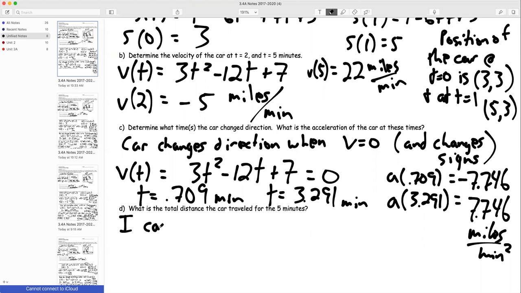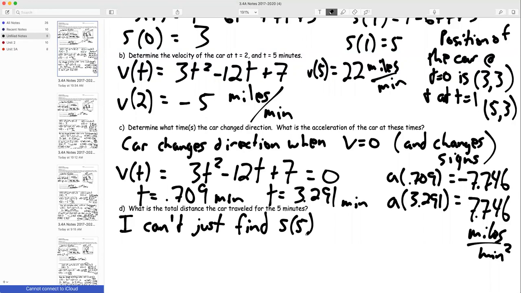I can't just find S of 5. Okay, and so here's why. Let's say I'm going to start right here. I'm starting at 3. I'm in my little calculus Ferrari. You're not as cool as I am.